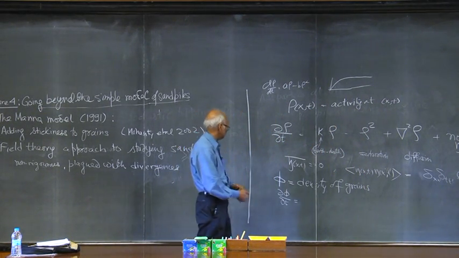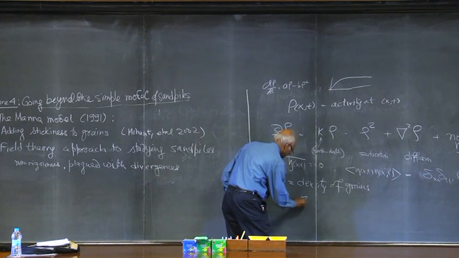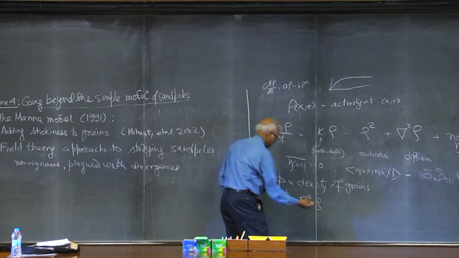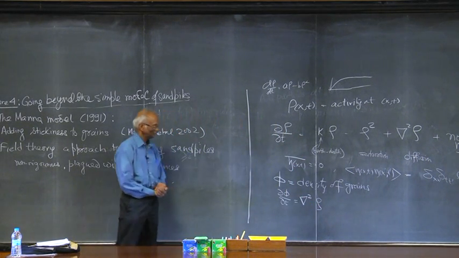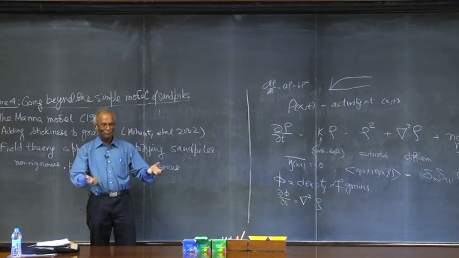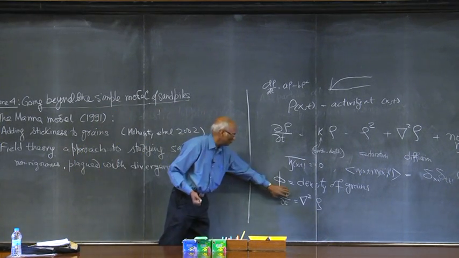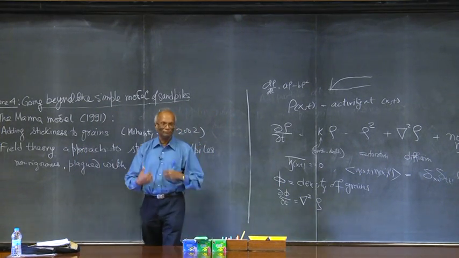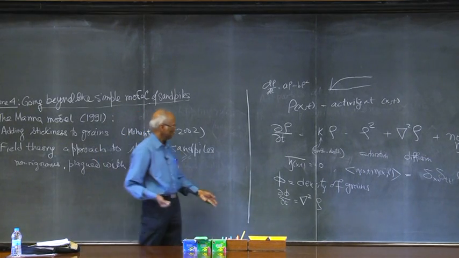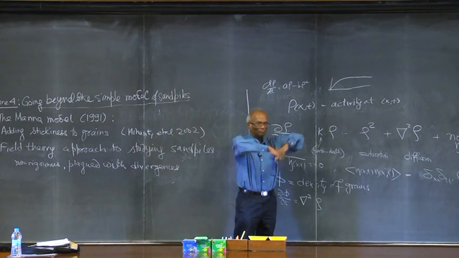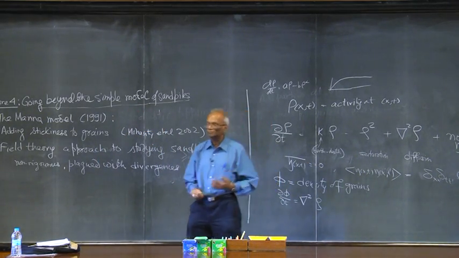It cannot be fully local. So, let us just say del squared rho, because this is the total density of grains, active or passive, toppling or non-toppling. Then the only way it can change is because of others coming from outside, that must be del squared rho.